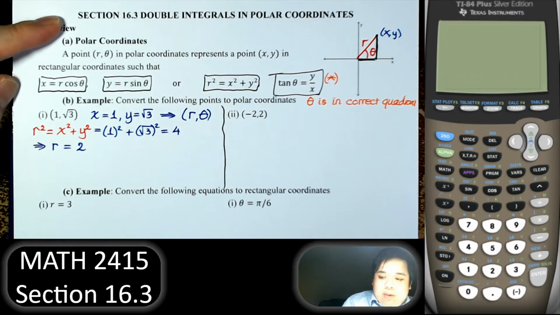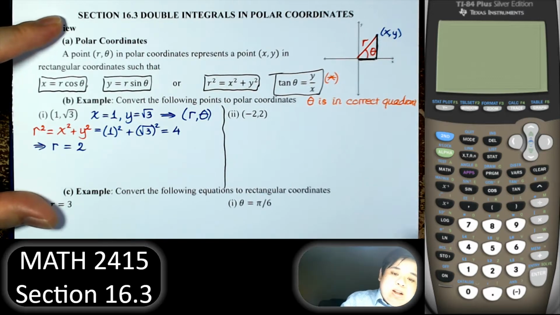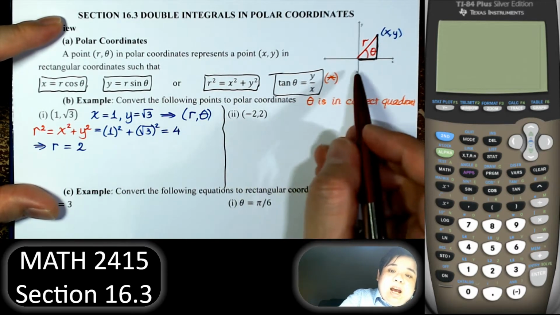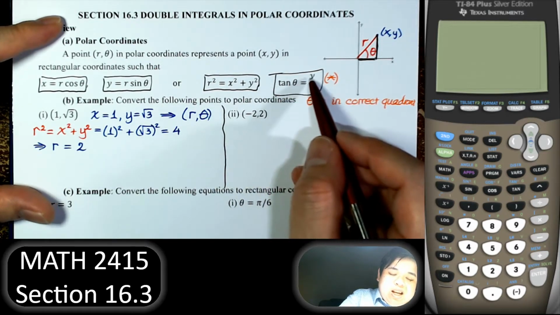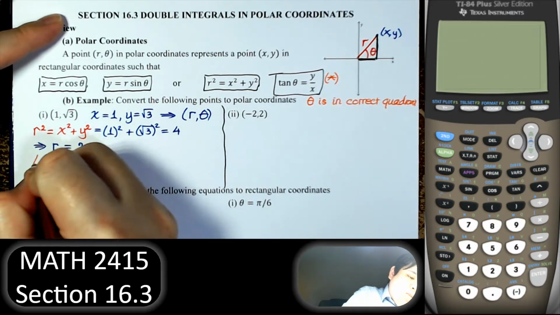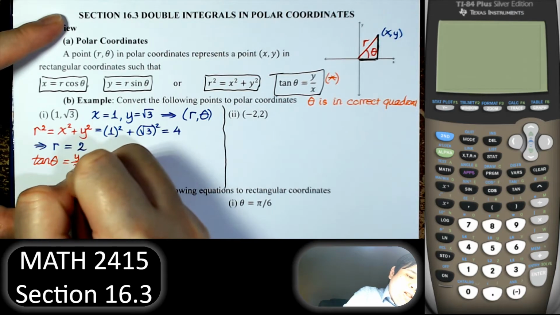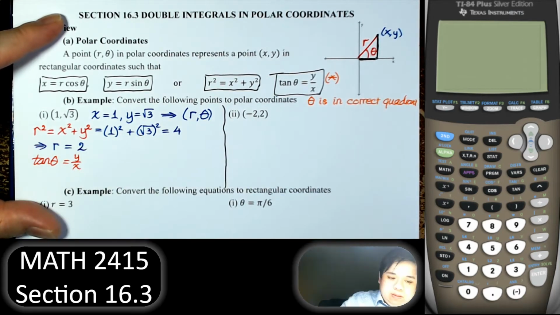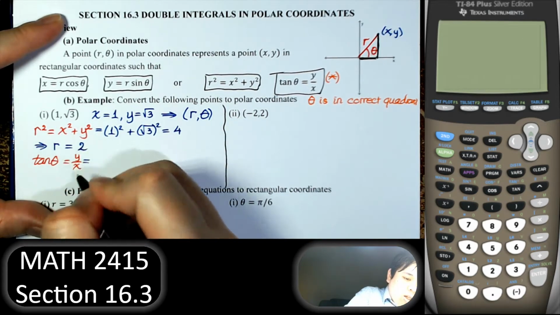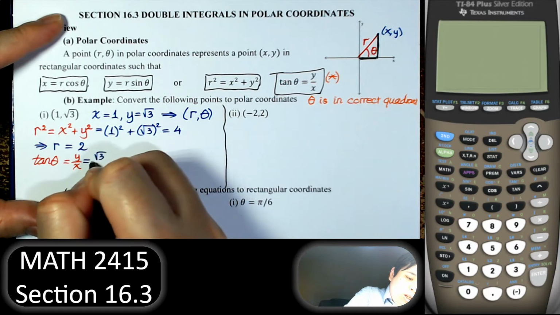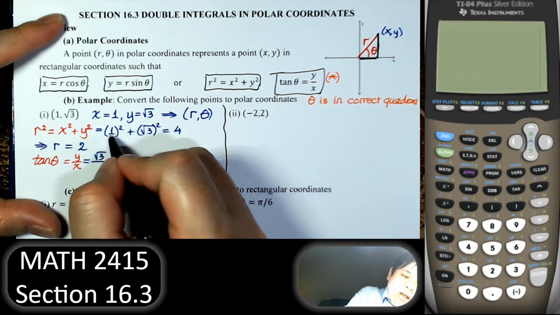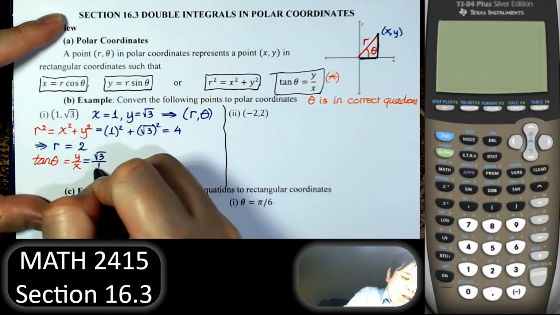Right, so we have r. Next we will find theta. To find the angle theta, we just take tangent inverse of y over x, but I'm just going to write tangent theta is y over x. y is square root of 3 and x is 1.